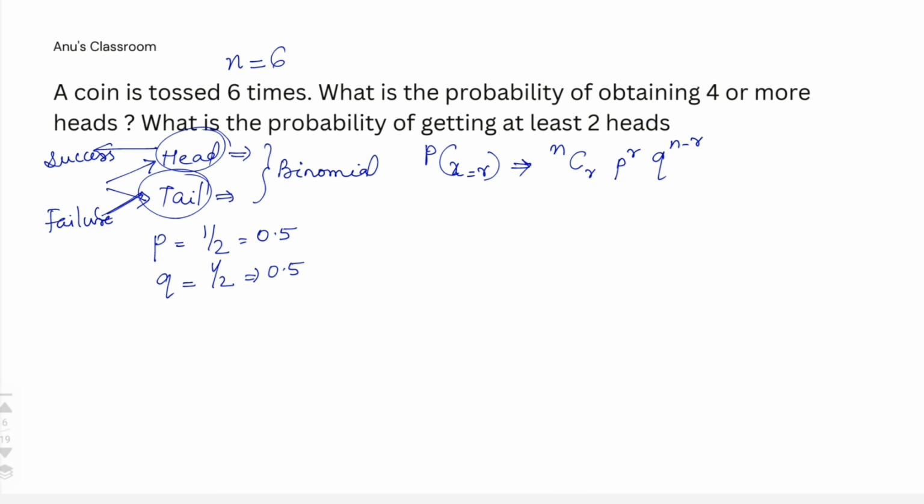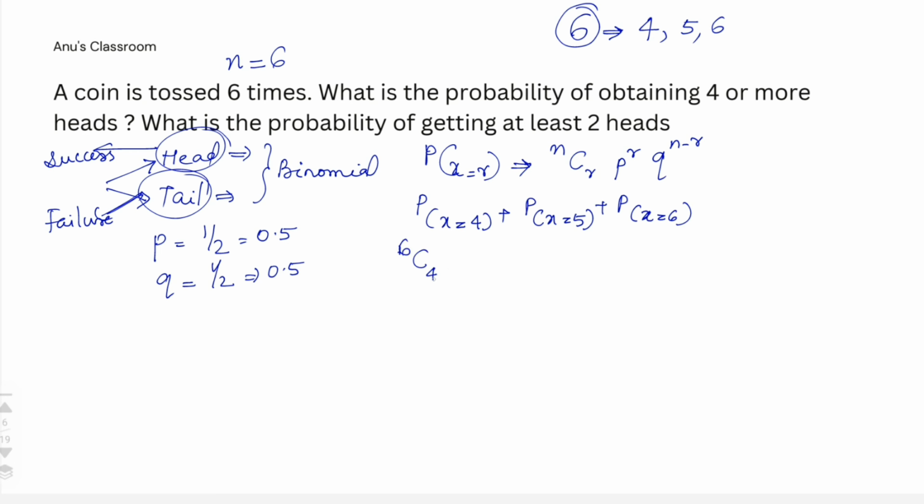So, the first part of the question is, what is the probability of obtaining 4 or more heads? When we toss 6 coins, it is asking us to find the probability of 4 or more heads, meaning either 4 heads, 5 heads or 6 heads. So that will be probability of x equal to 4 plus probability of x equal to 5 plus probability of x equal to 6. Okay, that is 6C4 0.5 raised to 4, 0.5 raised to 6 minus 4.